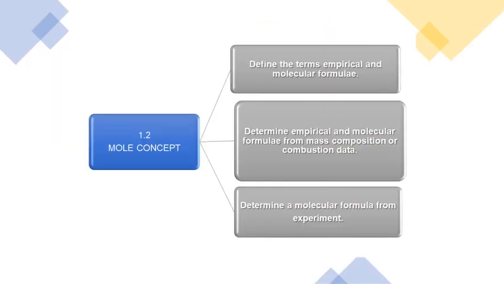After completing 1.1, we proceed to 1.2, more concept. The first objective is to define the terms empirical formula and molecular formula. To make it simple, the empirical formula is the chemical formula that shows the simplest whole number ratio.